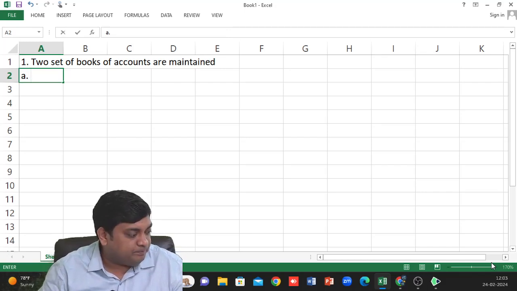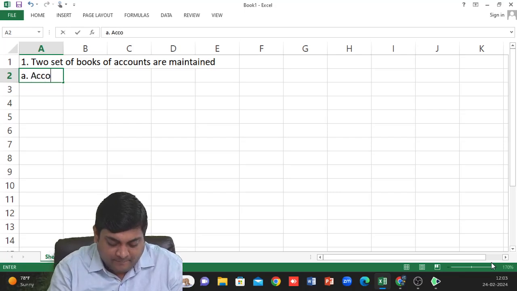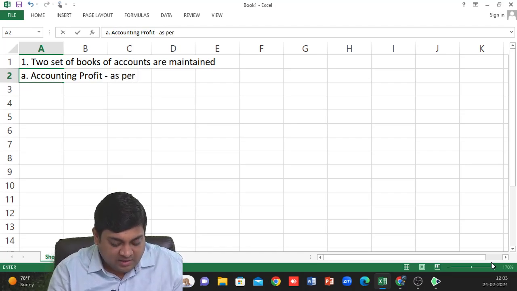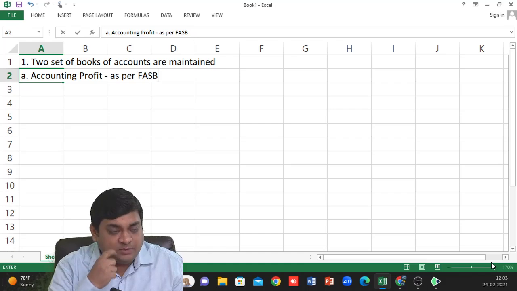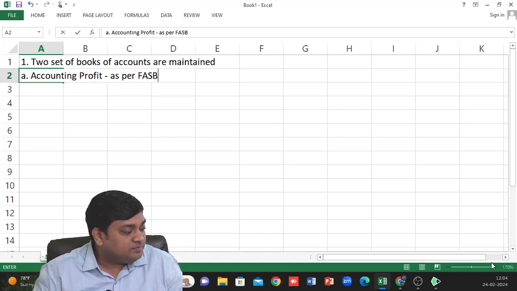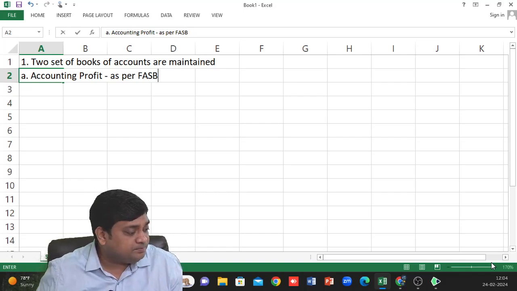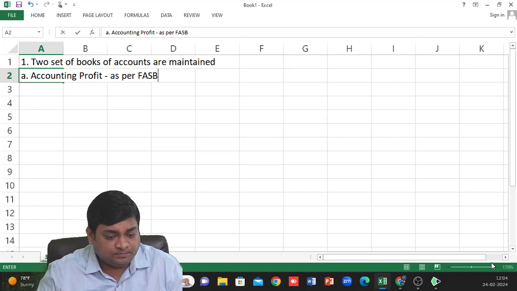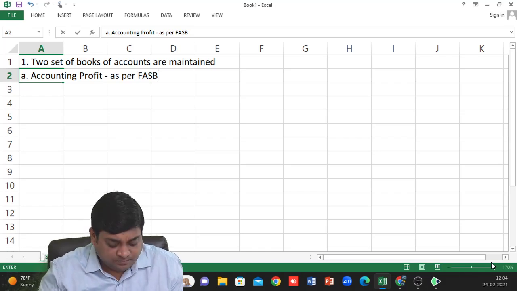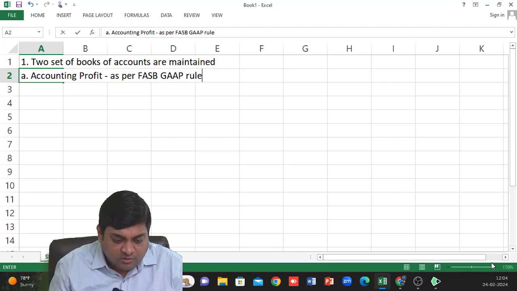Number A, accounting profit as per FASB, Financial Accounting Standards Board, GAAP rules.